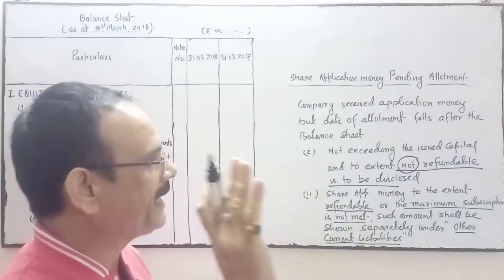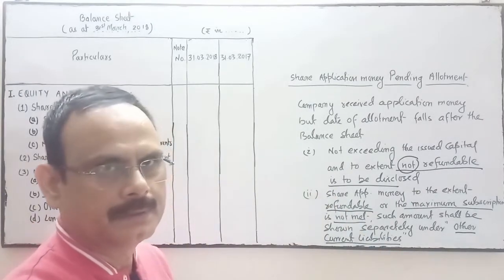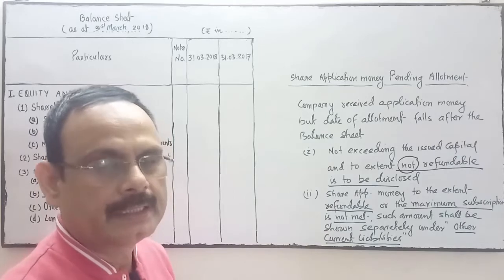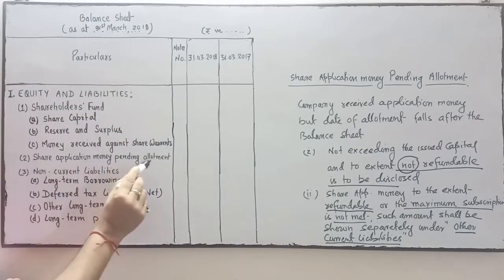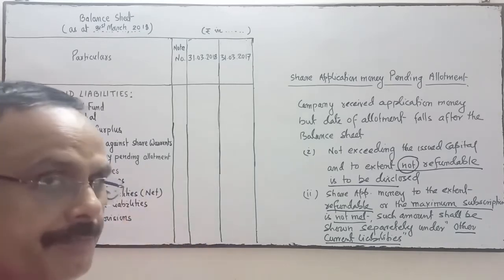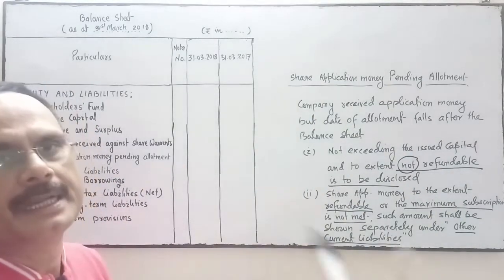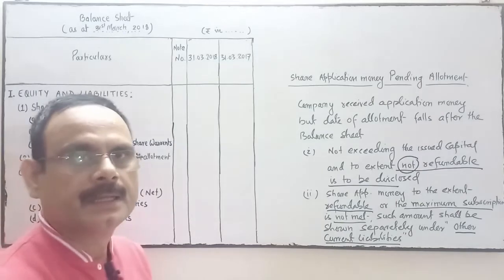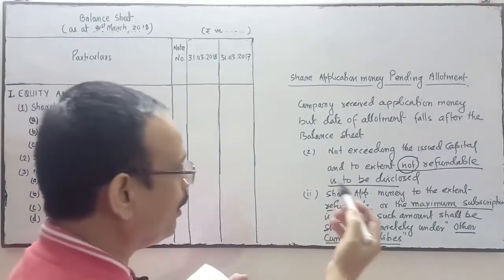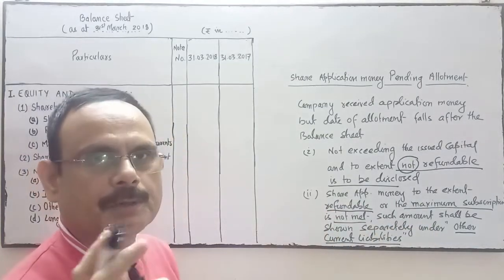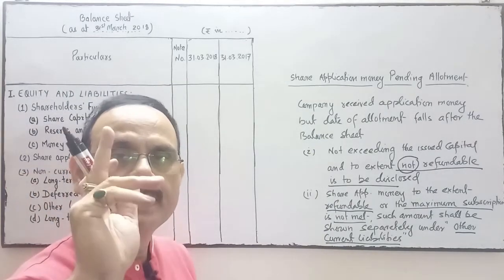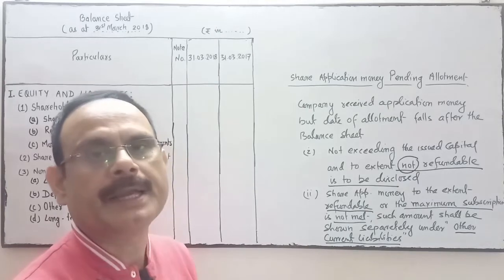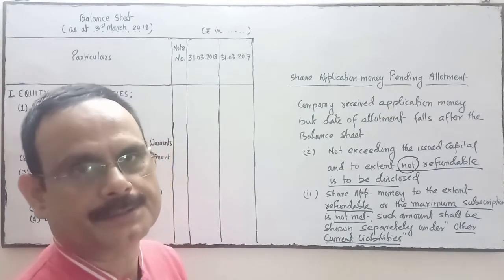Number two, to the extent not refundable and disclosed, then that will be shown under the second heading, share application money pending allotment. And if it is refundable, or the maximum subscription is not made, then in that circumstance this will be shown under the heading current liability and subheading other current liabilities.